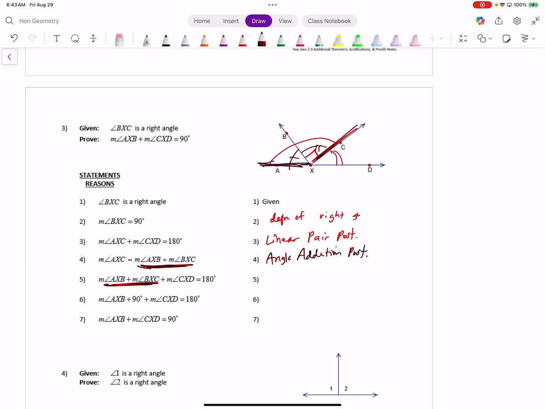Oh, so they put this where AXC was, and then they kept the measure of CXD equal to 180 degrees, so that's a substitution. Okay, then where the measure of angle BXC is, they replace that with 90 degrees right there, so that's another substitution.